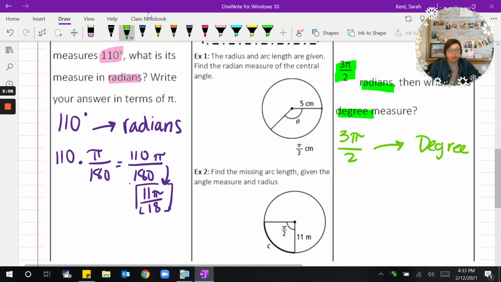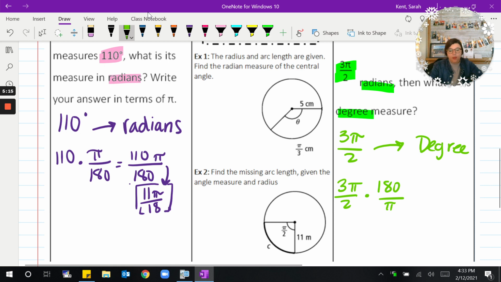All we have to do is take 3 pi over 2 and multiply it by 180 over pi. When we do this, we'll get 3 times 180 pi over 2 pi. If we have a pi on top and a pi on bottom, those pis go away. Then I can put this part in my calculator.